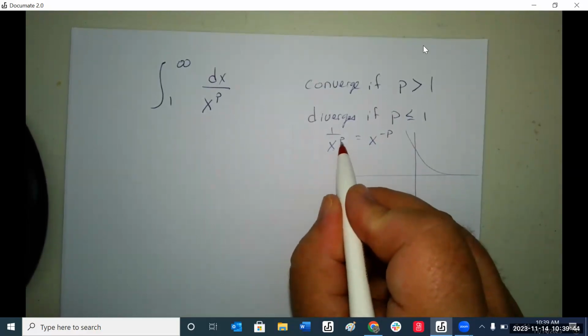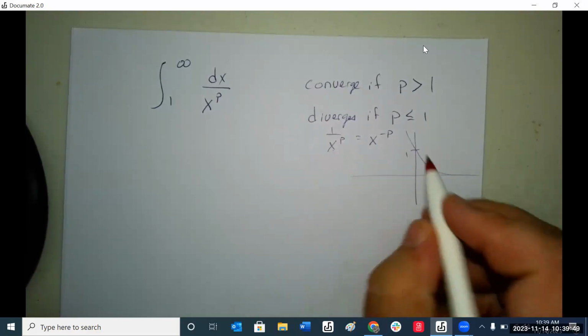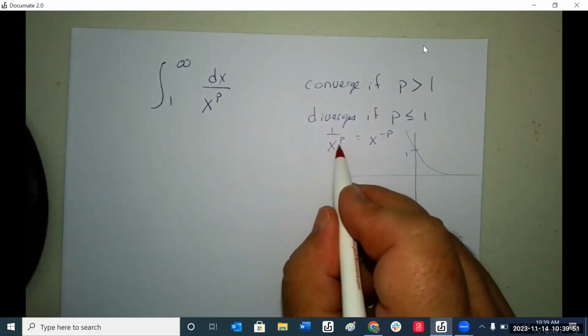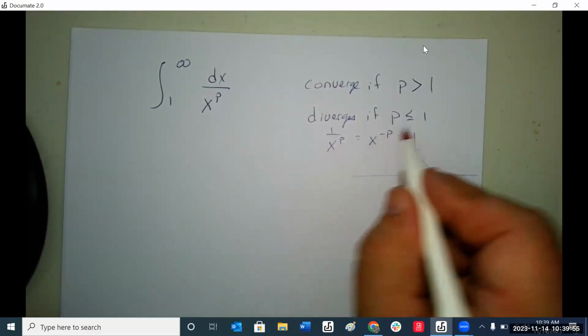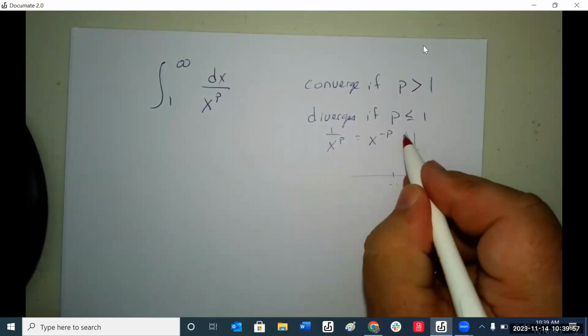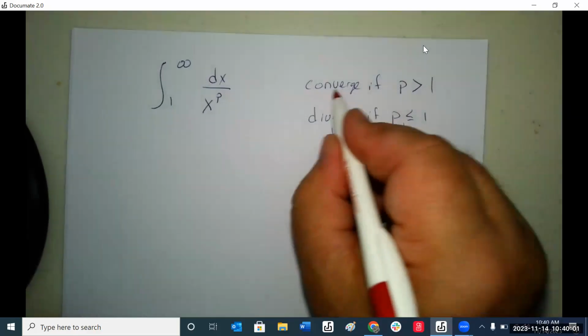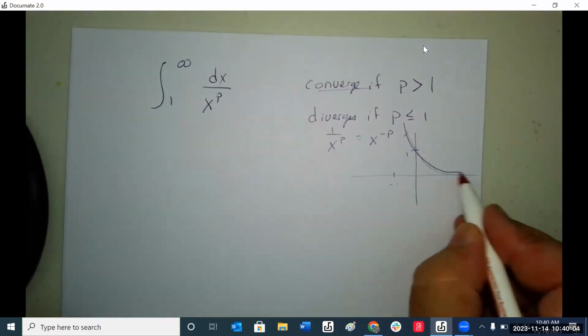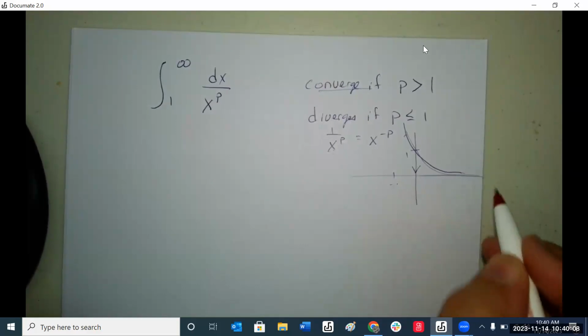Because when p is 0, it's 1 over 1. It's 1. When p is -1, it's at 2. So this graph is a decreasing function, which is why it converges. We're saying it converges because it's getting closer and closer to this line here.